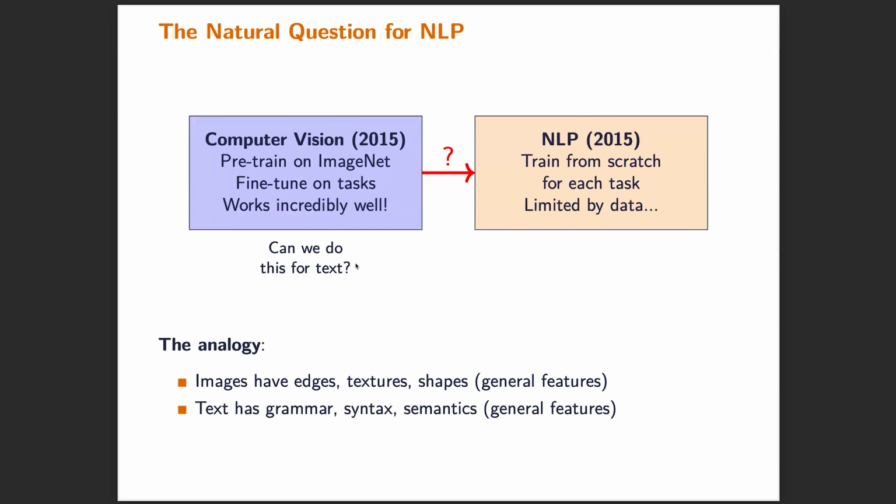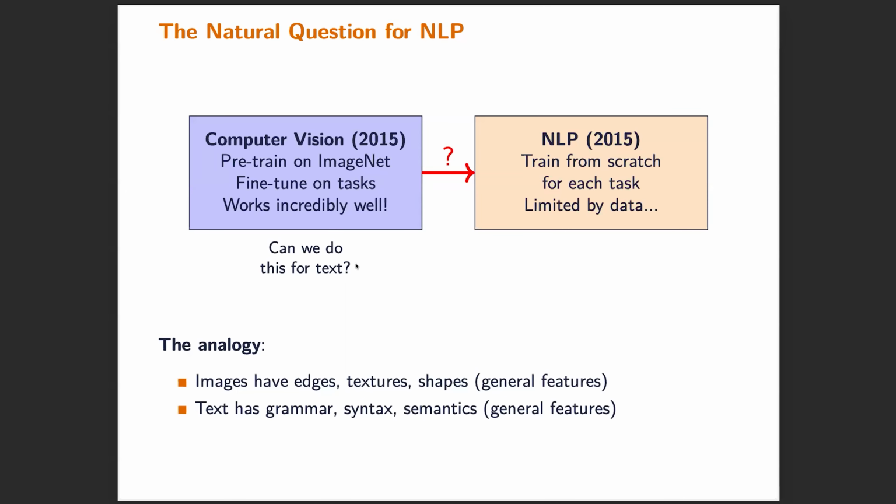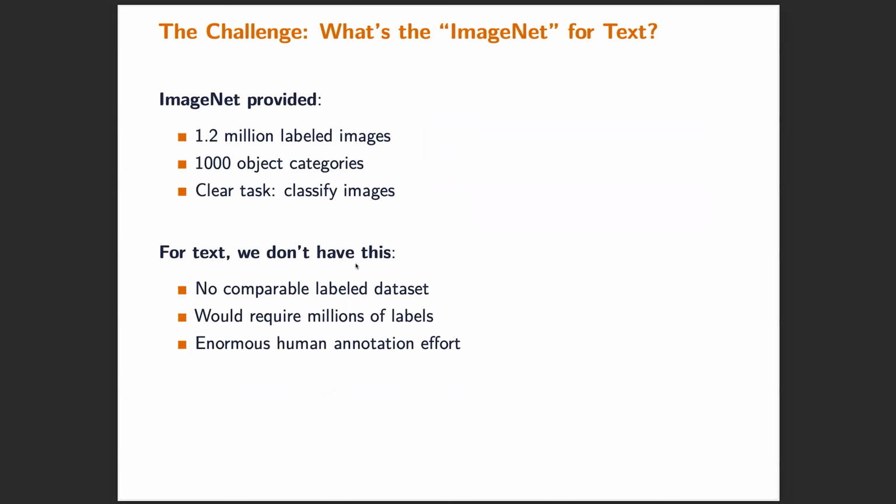Now the question is, can we do the same for text? If images have edges, textures, and shapes, well, text has grammar, syntax, and semantics too, that are general features we can learn. To answer that, first we have to say that for computer vision, we had these very nice data sets that are labeled and have a clear task for classification.